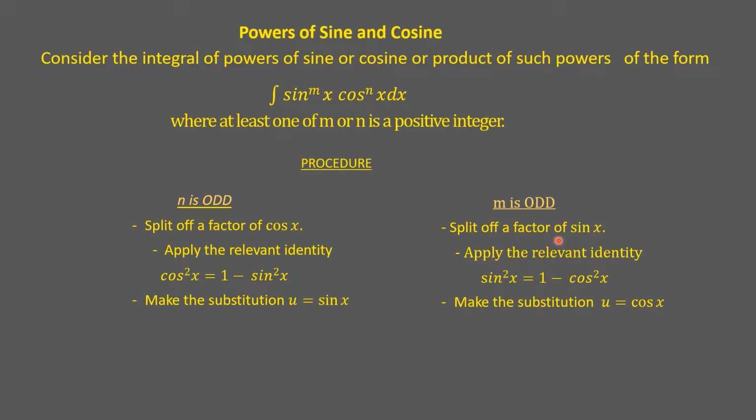And again, that factor can be expressed in terms of the cosine function using the same identity. Furthermore, we transform the resulting integral into an integral involving u, where u represents cosine of x.